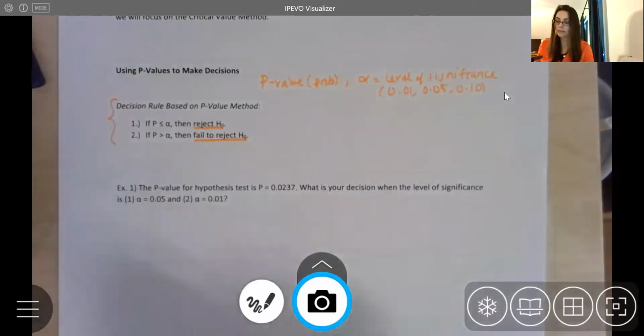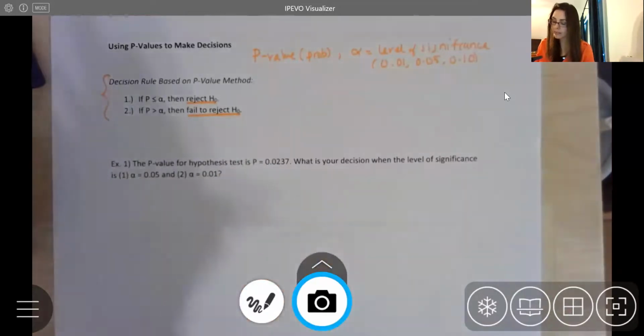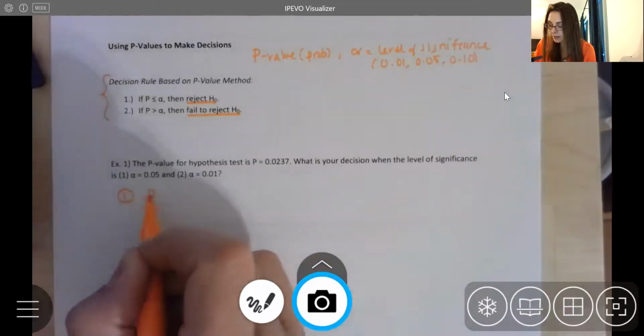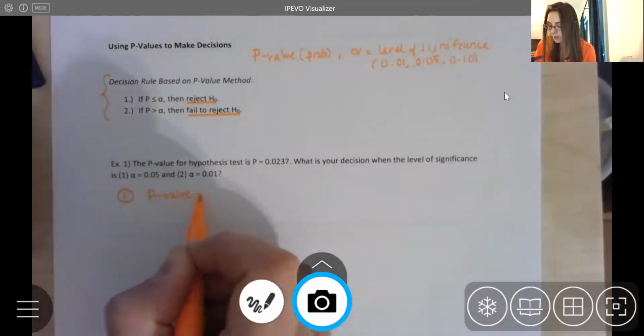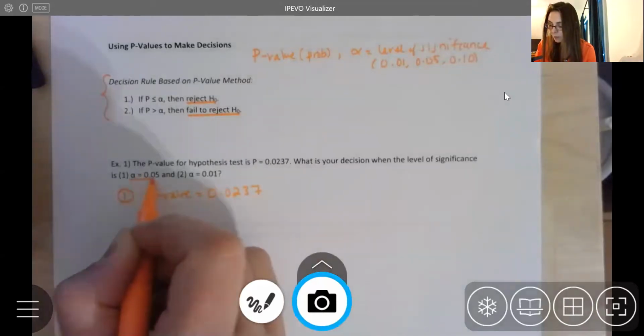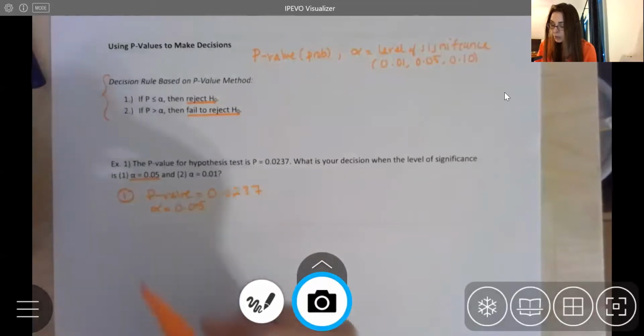So for instance, let's say the p-value for a hypothesis test is 0.0237. And in part A, we're going to let our alpha be 0.05. So what do you think?